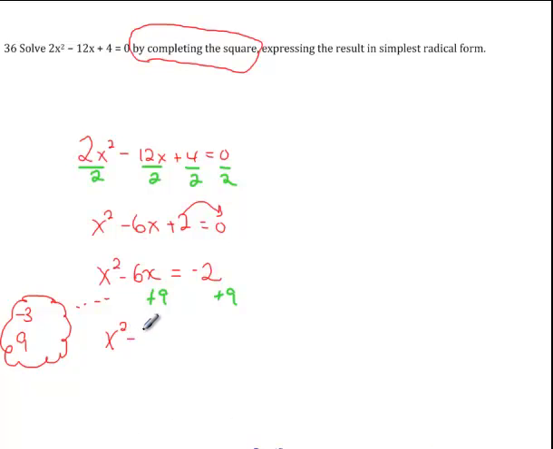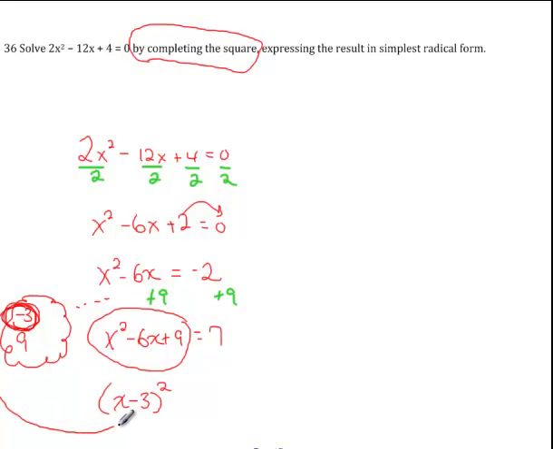X squared minus 6x plus 9 equals 7. See, this is the perfect square. The perfect square being, if I did x minus 3, squared it, this binomial equals this trinomial. And remember I told you to cheat by just taking whatever you took for half of 6? And that's the number that goes right there.